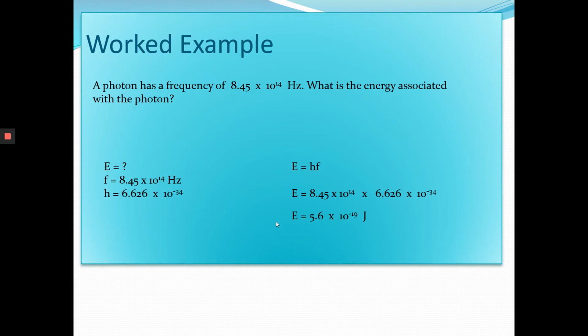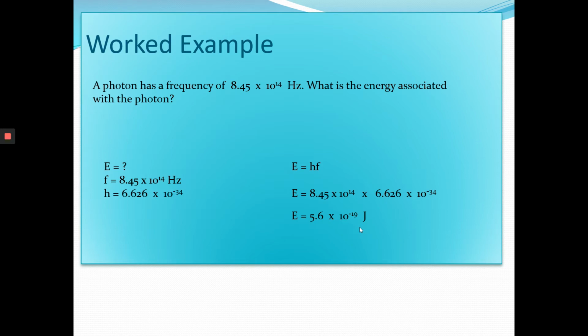Now, just a general thing to look out for when you're doing these problems. Generally, the energy associated with photons or electrons in this case is really, really small. You're usually looking at around the times 10 to the -19 region.